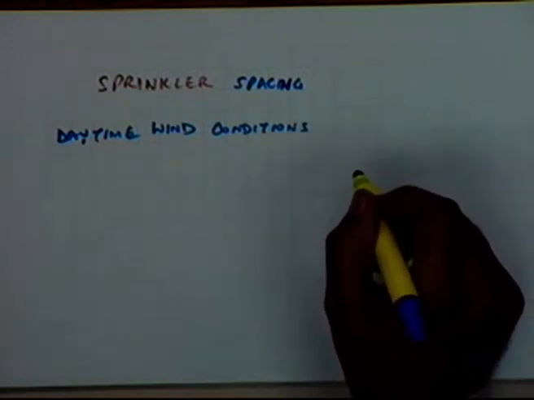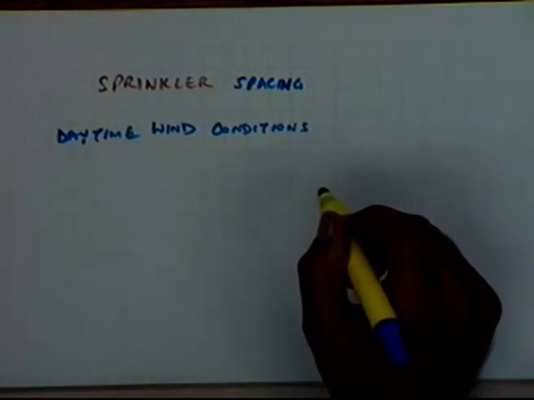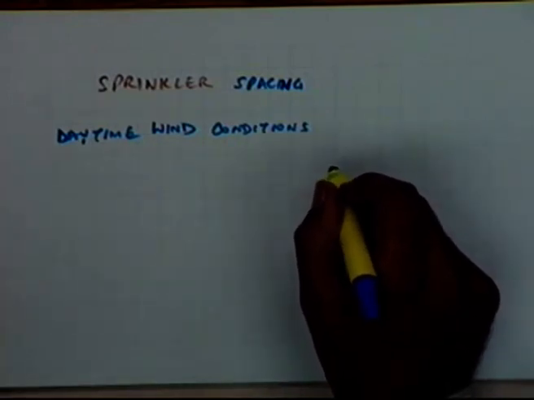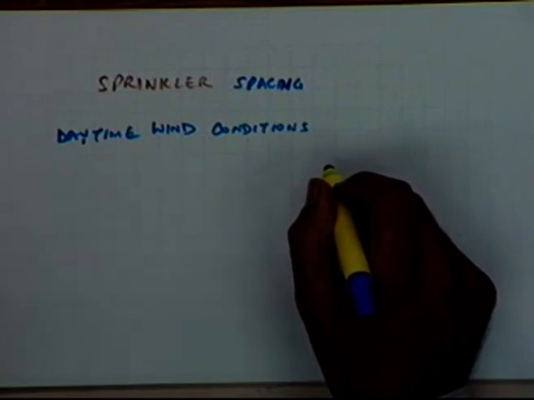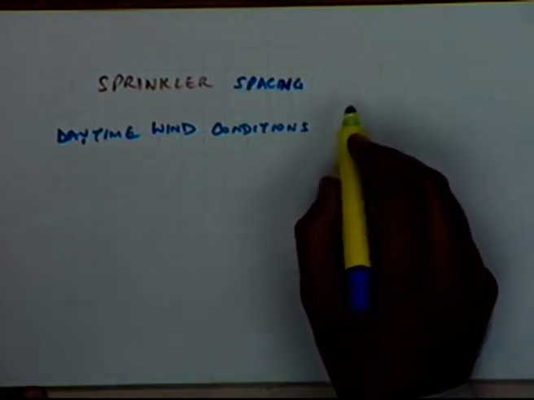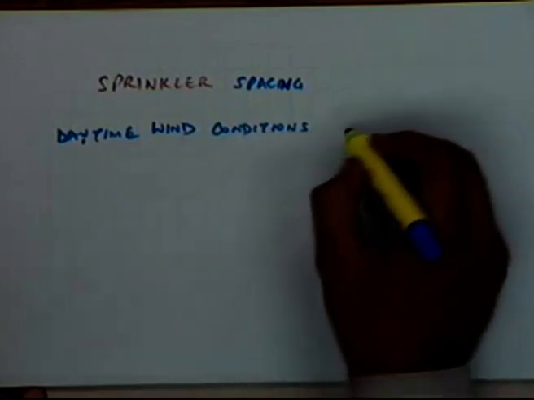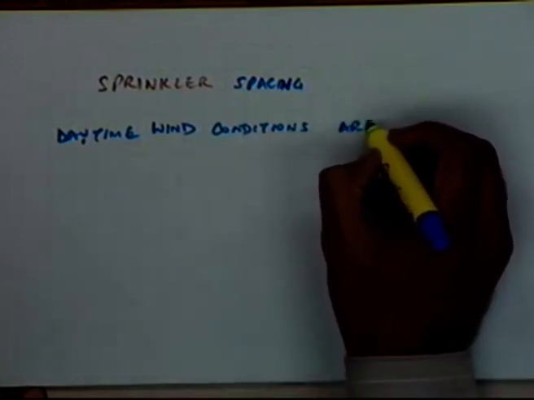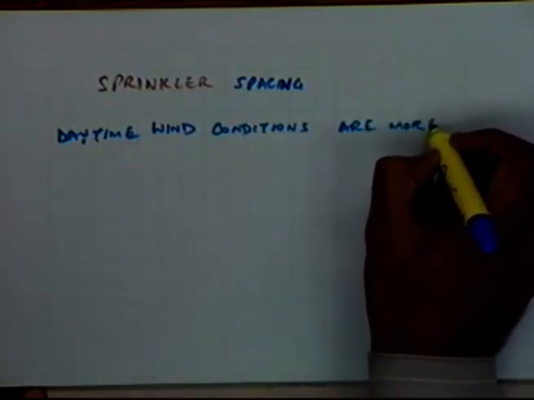The wind velocities during the daytime will be much higher than the nighttime wind velocities. That is what has been observed all over the world in most places. So the daytime wind conditions are more severe.